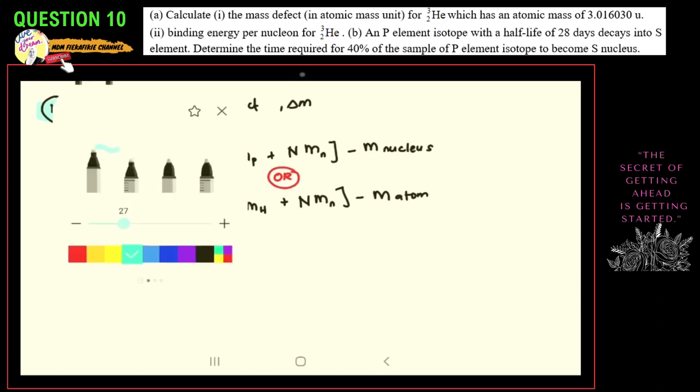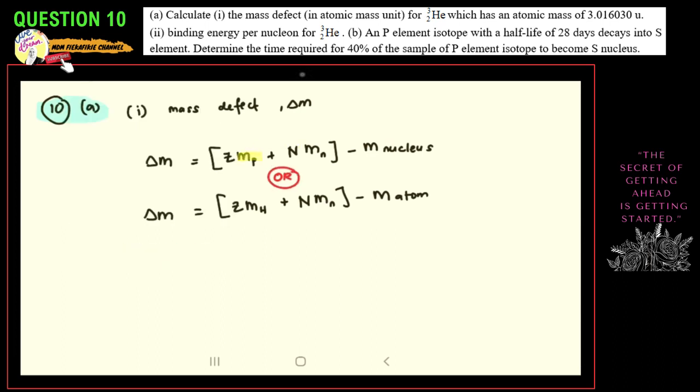Okay, so here we have mass of proton and minus mass of nucleus. But here we have mass of hydrogen, but minus mass of atom. Jadi dekat sini soalan bagi atomic mass. So remember in exam, in the list of constants, this mass of hydrogen is not given.